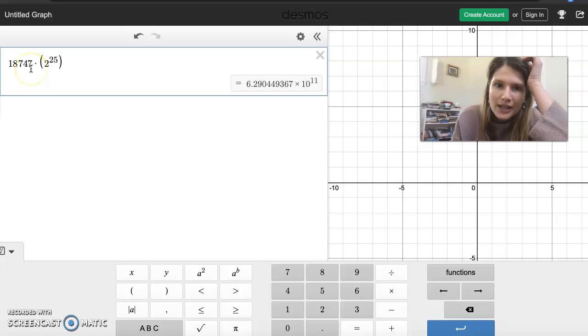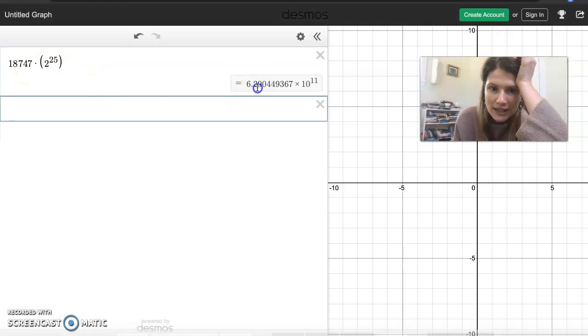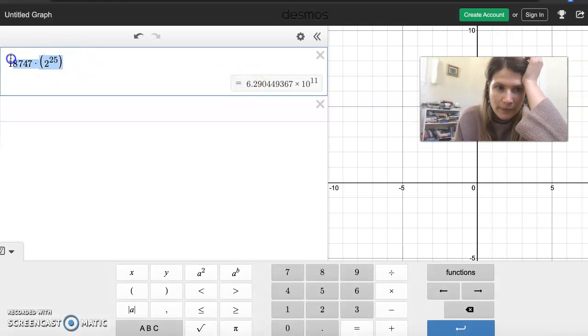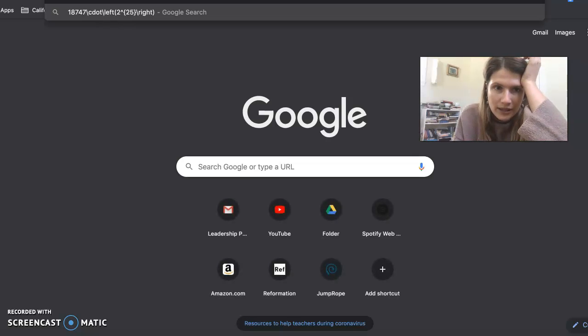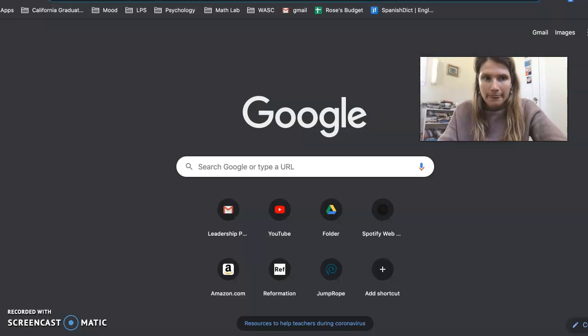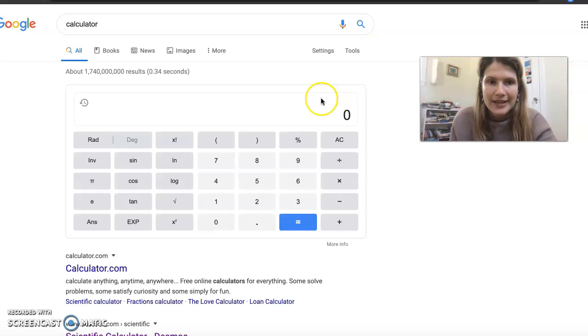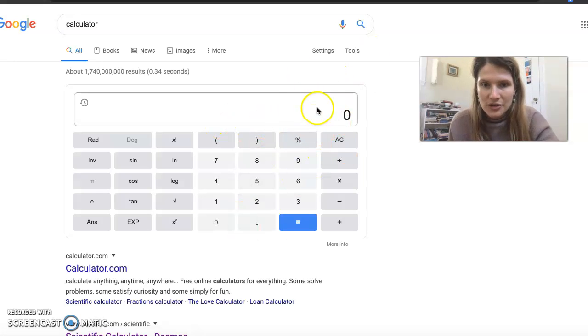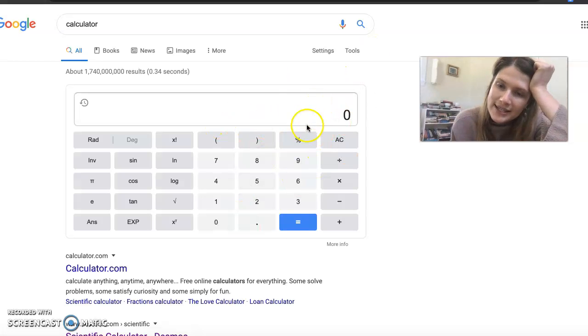Okay, that is going to give me, ooh, that's ugly. It's going to give me a very big answer. Let's see, maybe if I Google this, it will give me an answer that makes more sense. Sometimes we can use just the regular Google calculator and it will give us an easier answer.